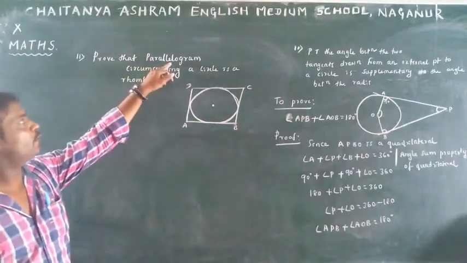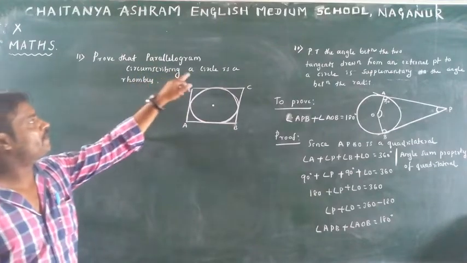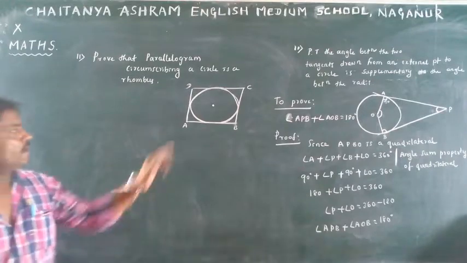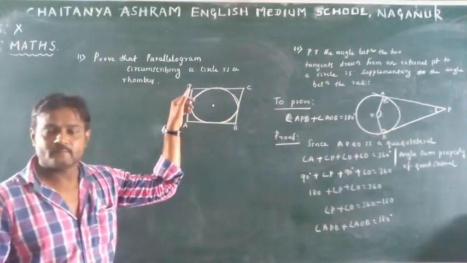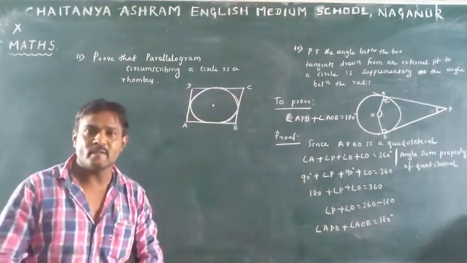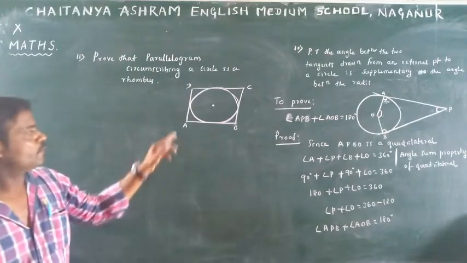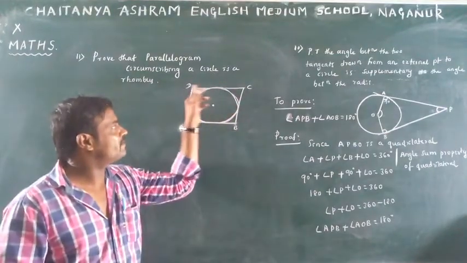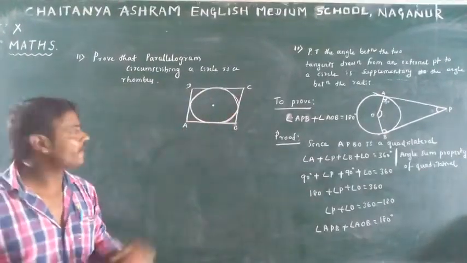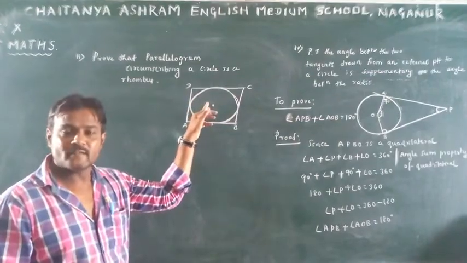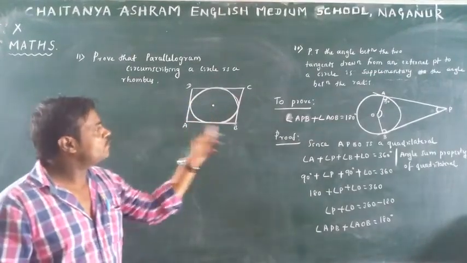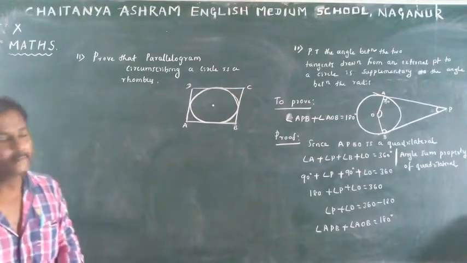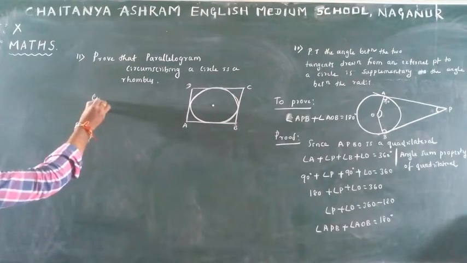Prove that a parallelogram circumscribing a circle is a rhombus. Actually, this is not a parallelogram, actually it is a rhombus. We have to prove that. According to the data, ABCD is a parallelogram circumscribing a circle. We prove that it is not just a parallelogram, that it is a rhombus. Clear?